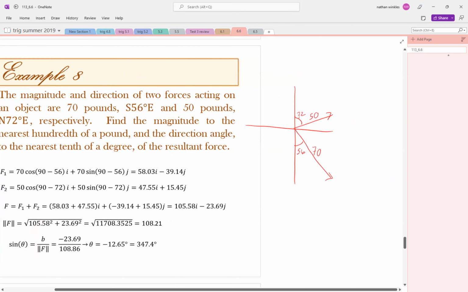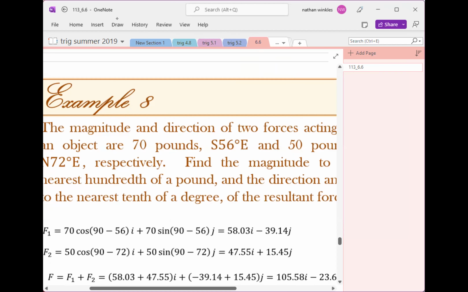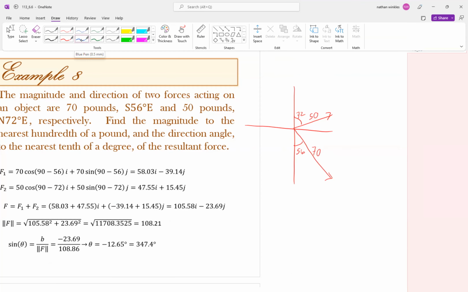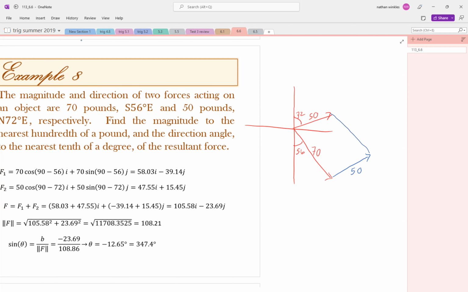If we apply what we call the parallelogram rule, oh, come on, I didn't want to do that. Then we can take our original vector that's 50 and put it down here. We can take our original vector that was 70 and put it here.